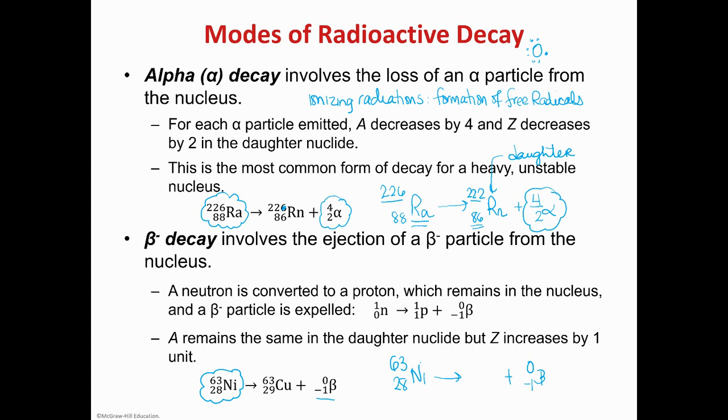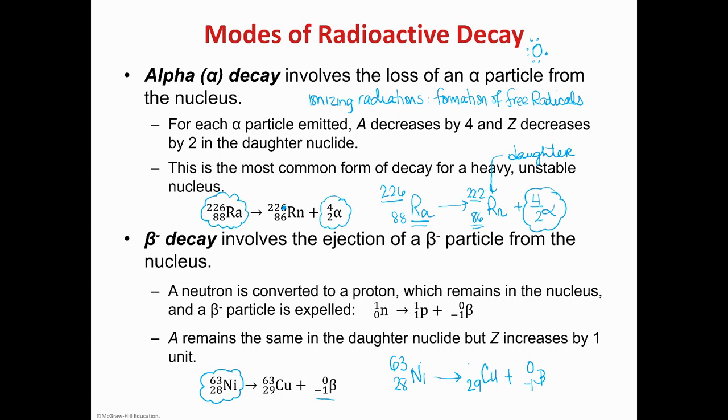Okay, so let's ask the question, what number plus a negative 1 equals 28? So 29 plus a negative 1 gives us 28. So we go to the periodic table, and we see that copper is Z number 29.